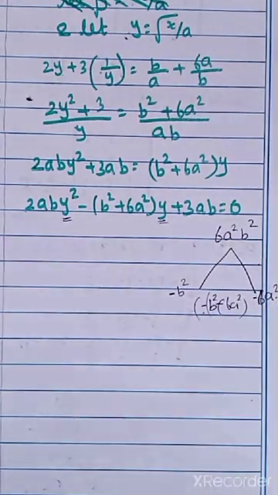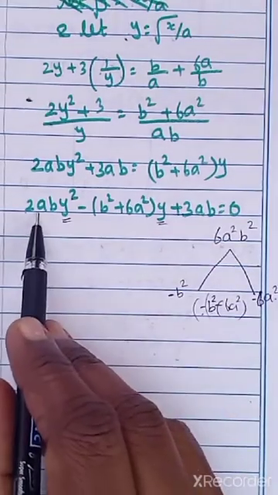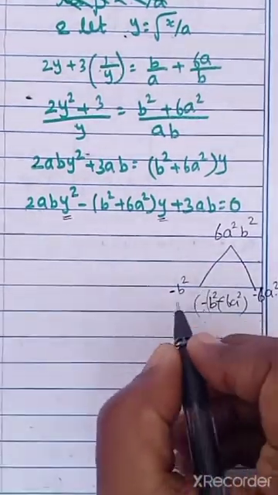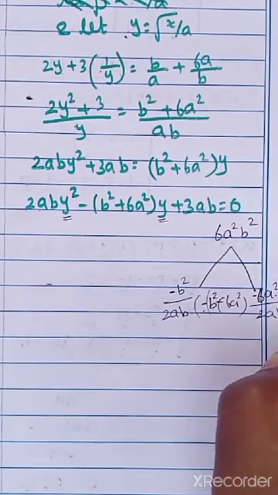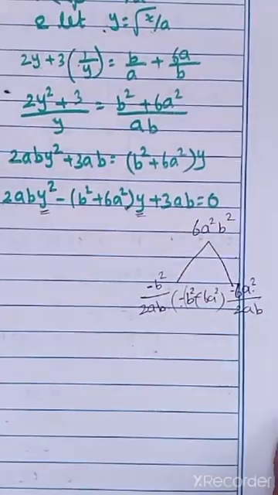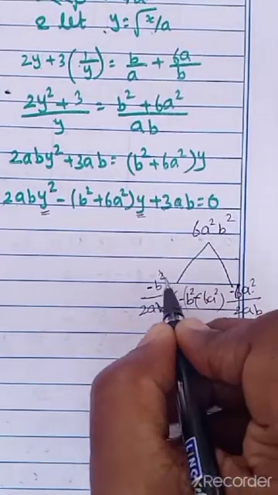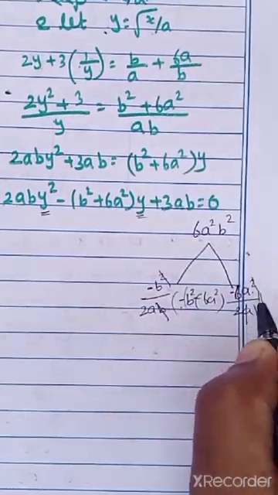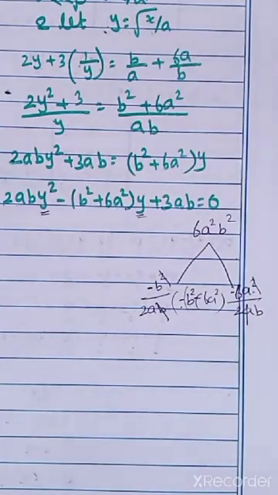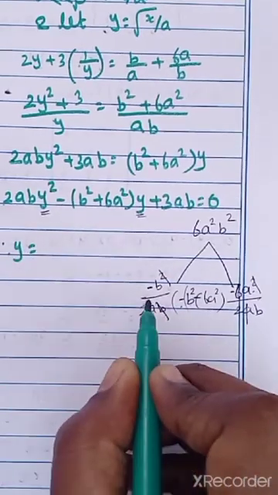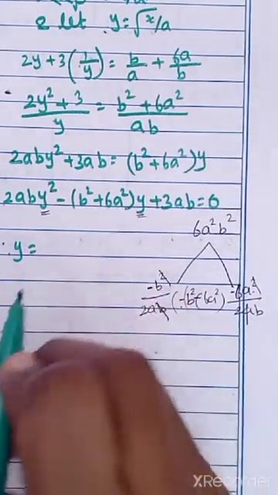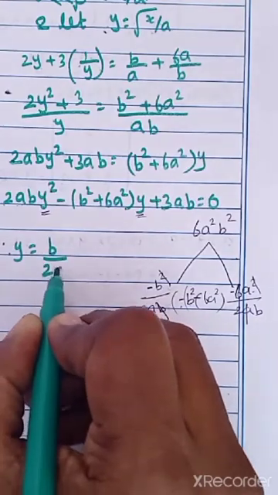Okay, so after this, since the coefficient is 2ab, we can divide by 2ab. This also we can divide by 2ab. So when we divide by 2ab, this and this will get cancelled, a and square will get cancelled. Correct? So how can we write this? Therefore y equal to, here since there is minus, we can take it as b by 2a.